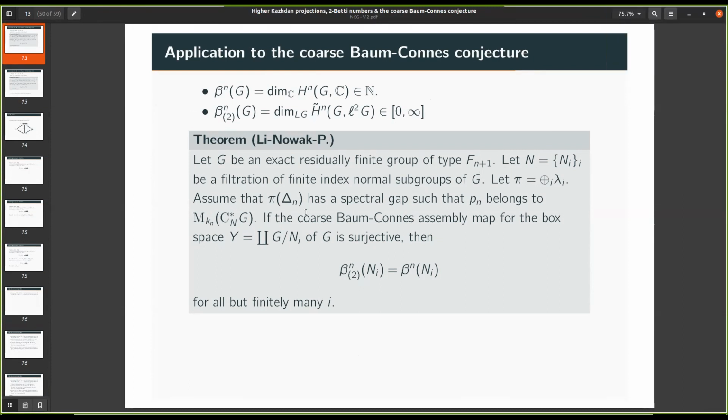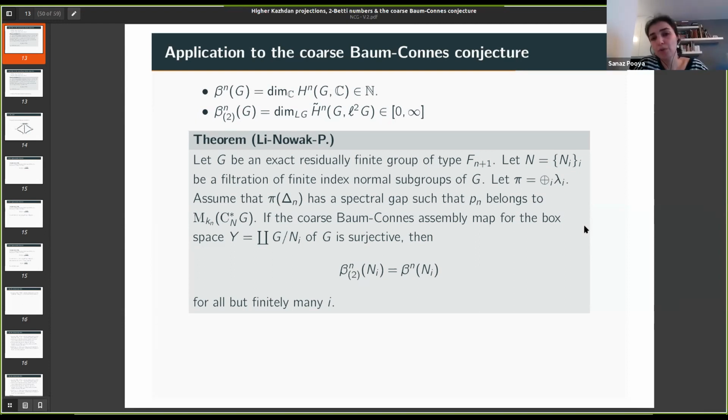Yes, it is exact, residually finite, and then you can take a filtration which gives you expander graphs. Are there any more natural examples? What do you mean by natural examples? The examples that you mentioned at the beginning of your talk?